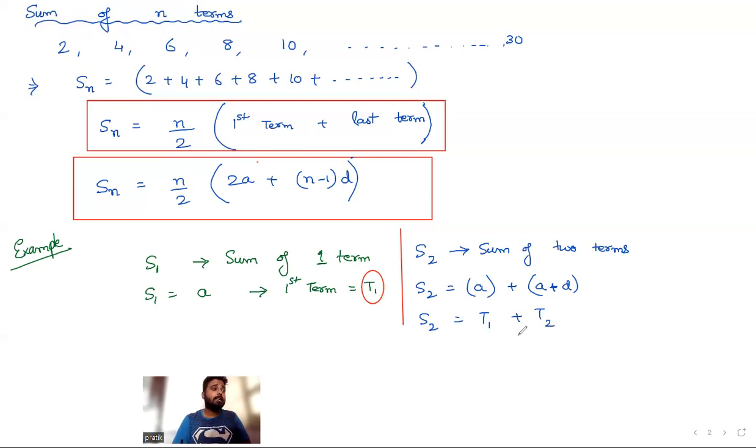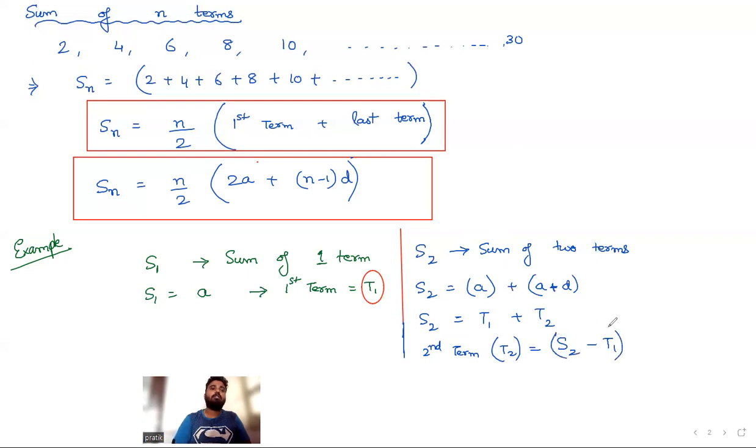Now, do you know the second term? We don't know. So to find the second term, what can you do? Since you have the first term, T1 is given from this. So from here, the second term, T2, can be found out by S2 minus T1.